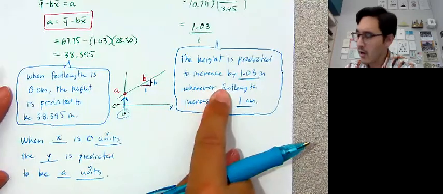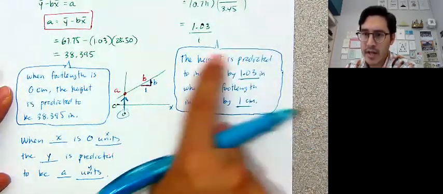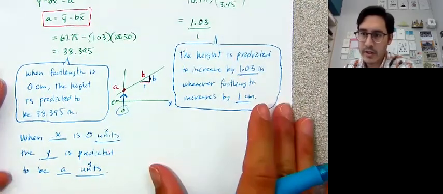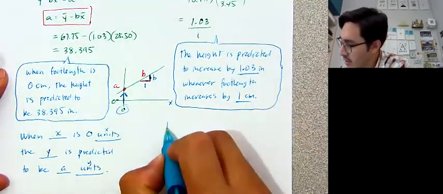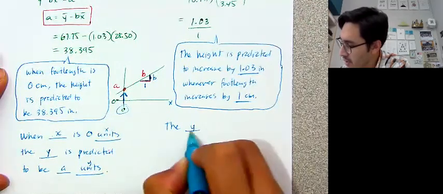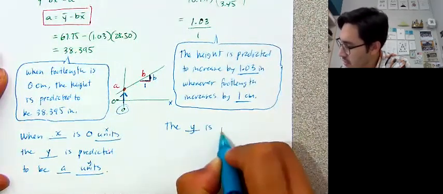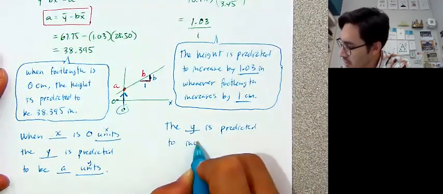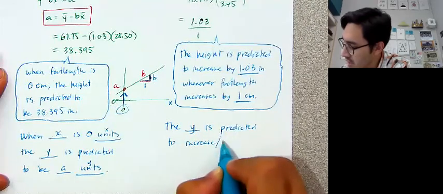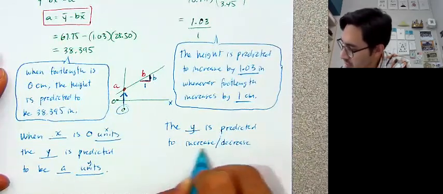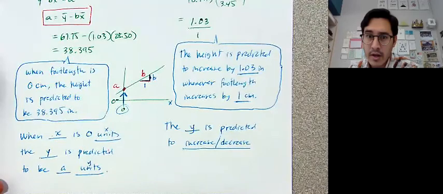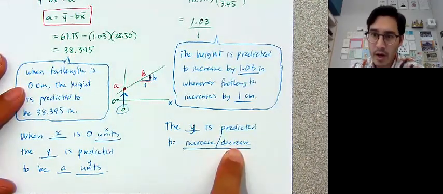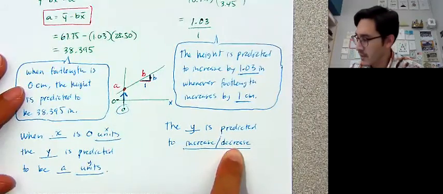All right, I'll do the same thing here. I'll remove all the numbers and all the specific contents from this statement so that we have a general sentence frame. The y variable is predicted to increase / decrease. Keep in mind that it is possible for the slope to be negative, in which case the y variable would be decreasing.